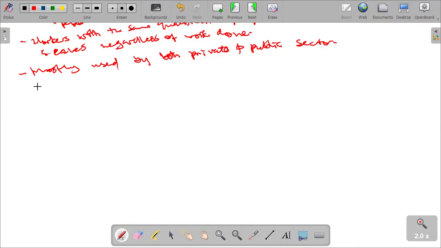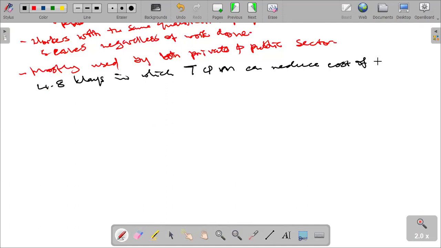Question 4.8: ways in which total quality management can reduce cost of quality.